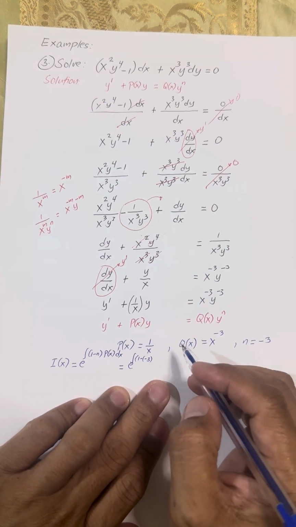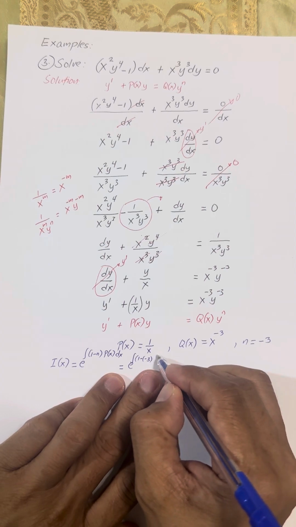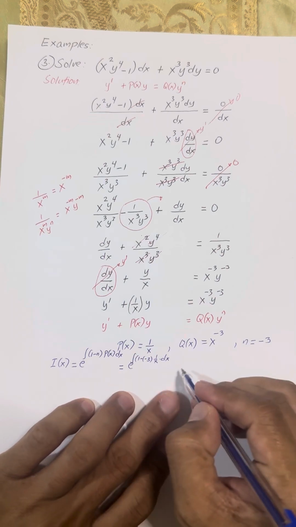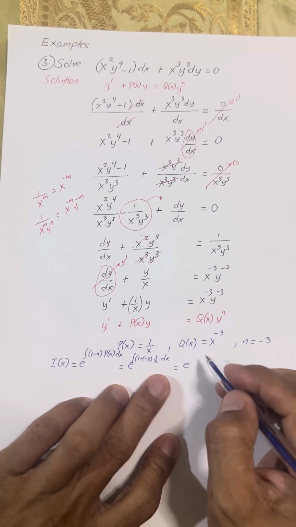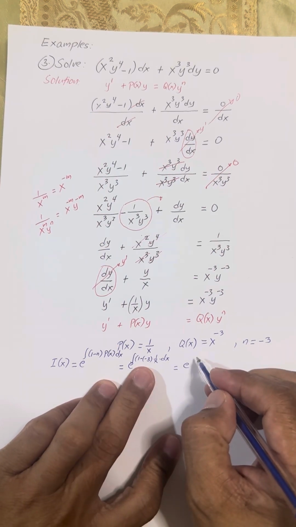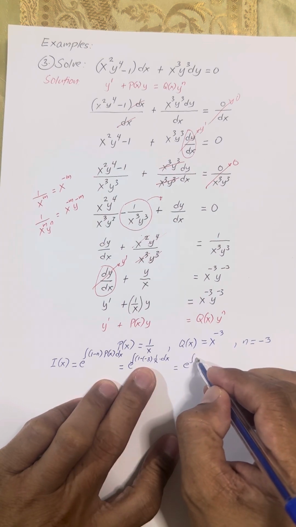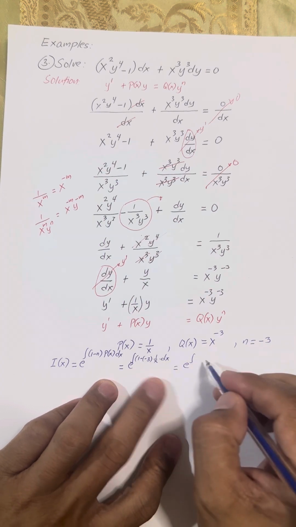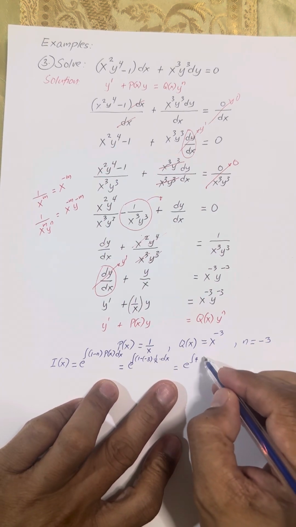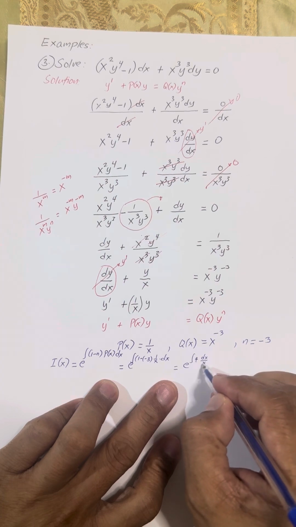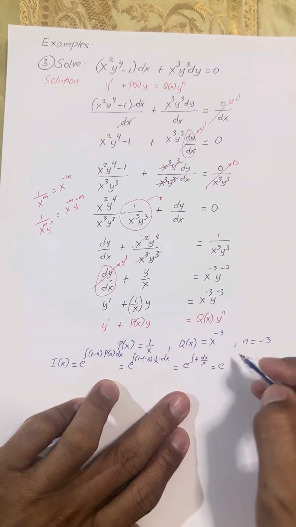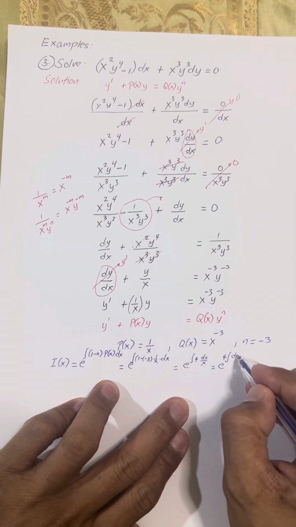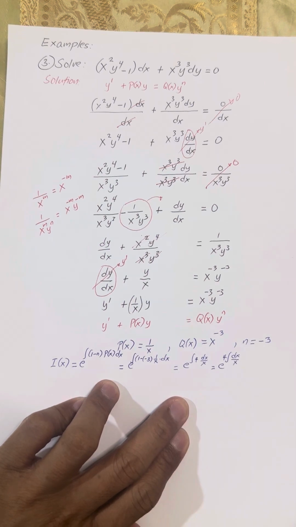Then times p of x, which is 1 over x multiplied by dx, equal to e to the, this becomes 1 minus minus, so it becomes plus, so integral of 3 plus 1, so this is 4, times dx over x, equal to e to the, put the constant outside, we have 4 dx over x.